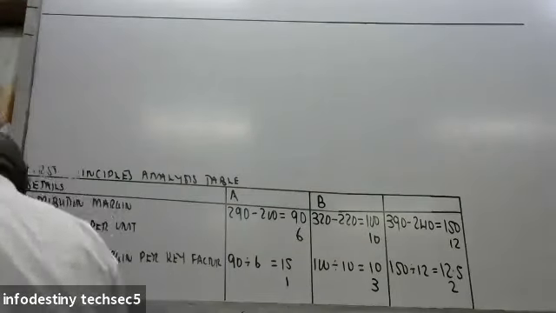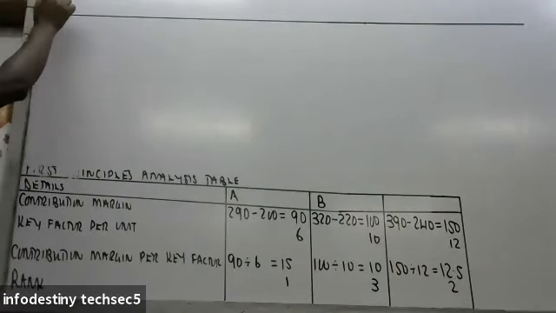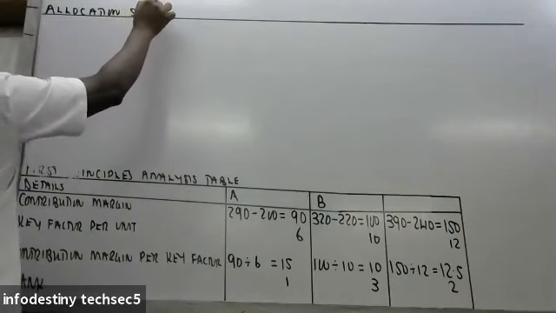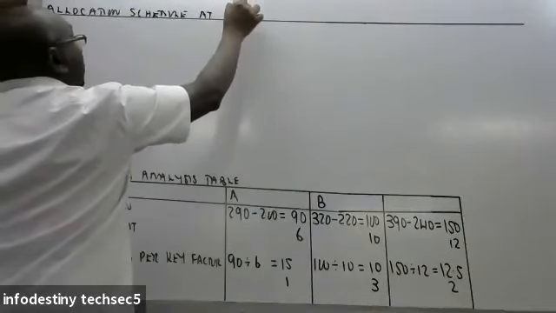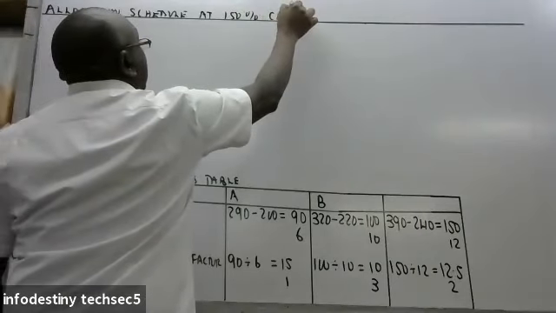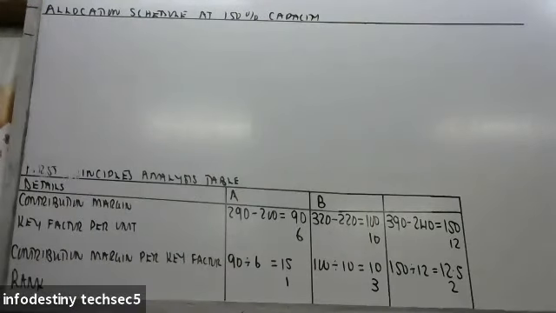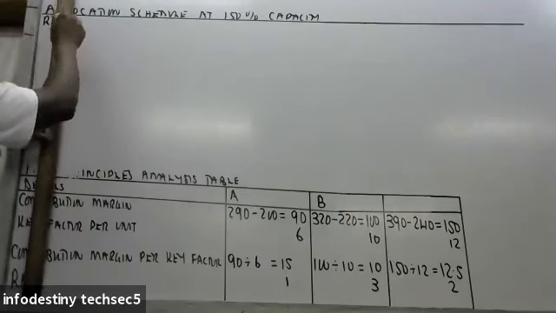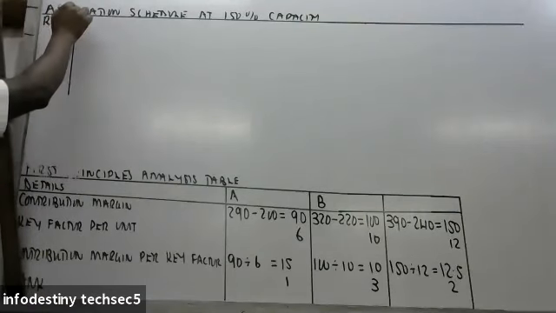So now we are creating what is called an allocation schedule at 150% capacity. We always begin with the rank.